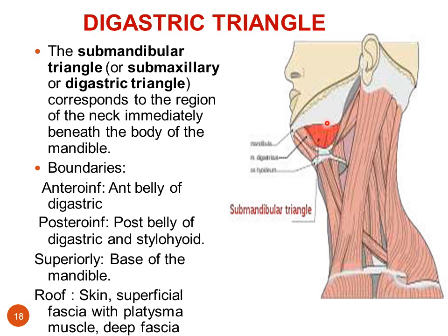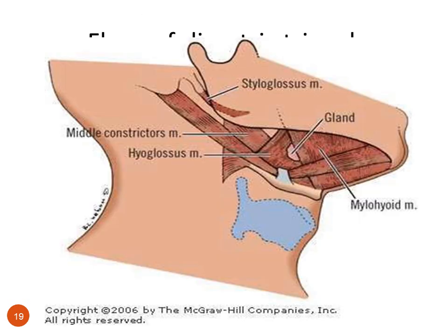Okay, so at the exact location between the two bellies of the digastric muscle, you have the digastric triangle. In this diagram we can make out the floor of the digastric triangle, which is formed by the mylohyoid muscle, the hyoglossus, and the anterior part of the middle constrictor of the pharynx.